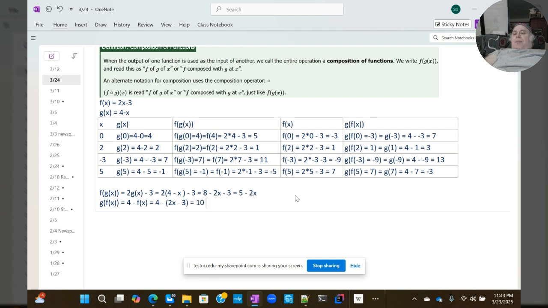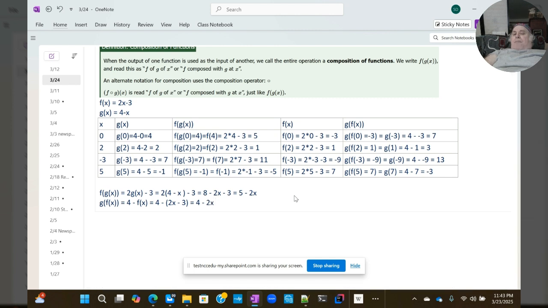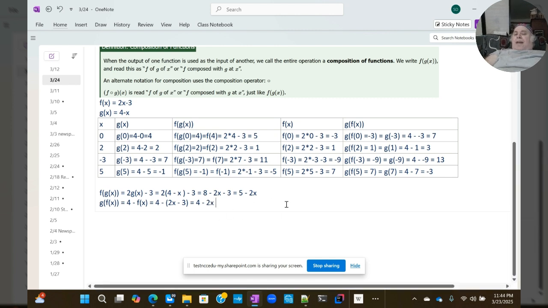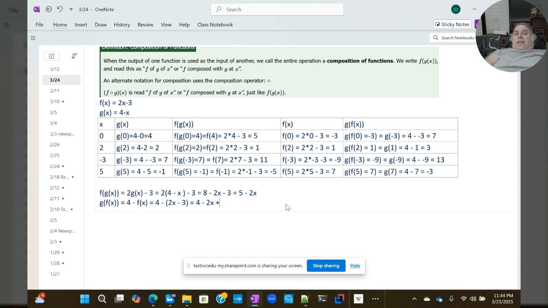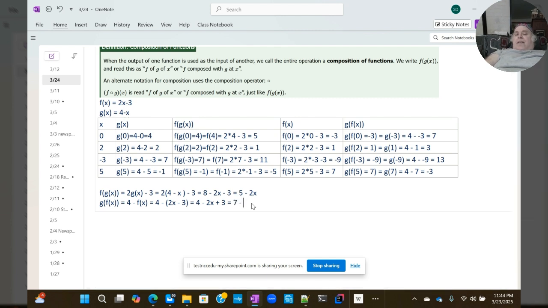Now we distribute the minus, so that you get 4 minus 2x, minus a minus 3 turns into a plus 3. And so that becomes, now we combine the 4 and the plus 3, and we get 7 minus 2x. So that is the formula for here and here.